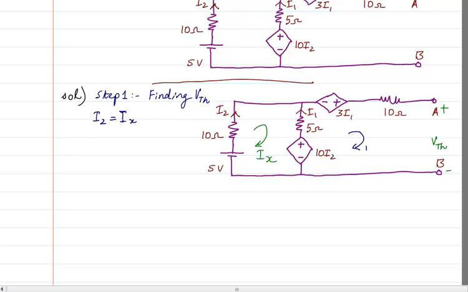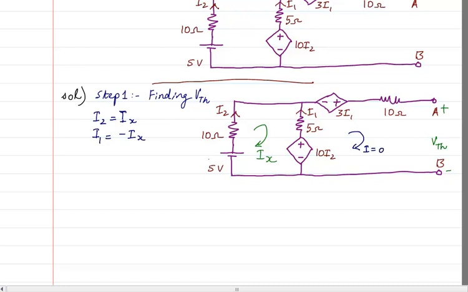Now because this current is 0, I can very well say that I1 is only because of IX. And since they are in opposite directions, I1 is going to be equal to minus IX. Okay, so now there is no I1, I2, there is only IX and minus IX.